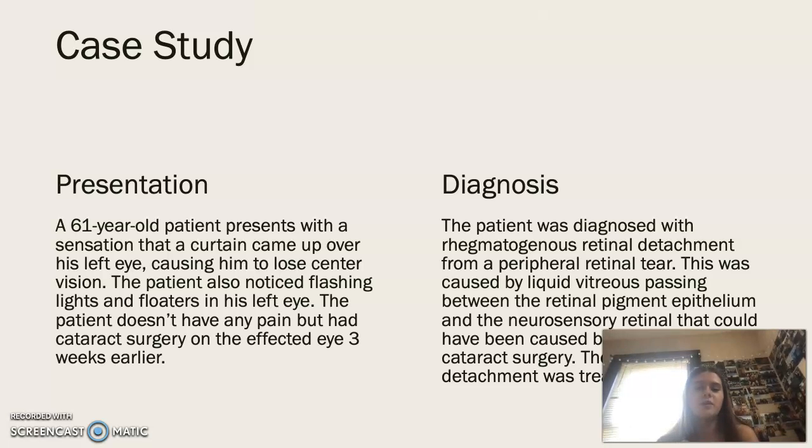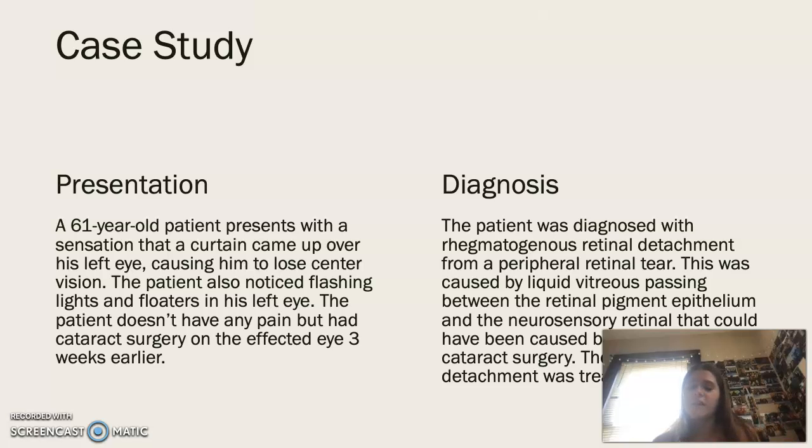As we learned earlier, part of our retinal pigmented epithelium was the blood-retinal barrier, which prevented molecules from passing from the choroid into the retina, which I said was going to be important because when you have molecules passing through this barrier, this causes some of the symptoms this patient presented with, which was the floaters in his left eye, the flashing, and the lack of vision.